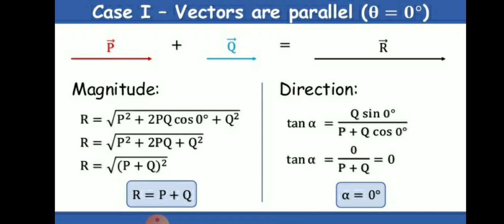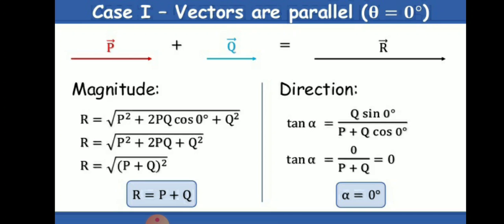The magnitude is the square root of P square plus 2PQ cos theta plus Q square. Here theta is equal to 0 degree, and cos 0 value is 1. Therefore R is equal to the square root of P square plus 2PQ plus Q square. This is in the form of a plus b whole square. Therefore R is equal to the square root of P plus Q whole square. The square and square root cancel, so R is equal to P plus Q.